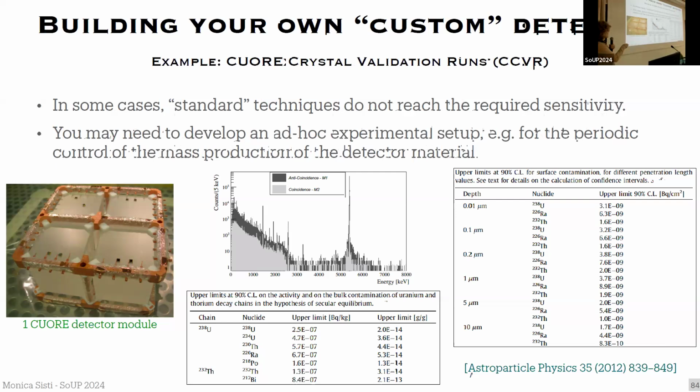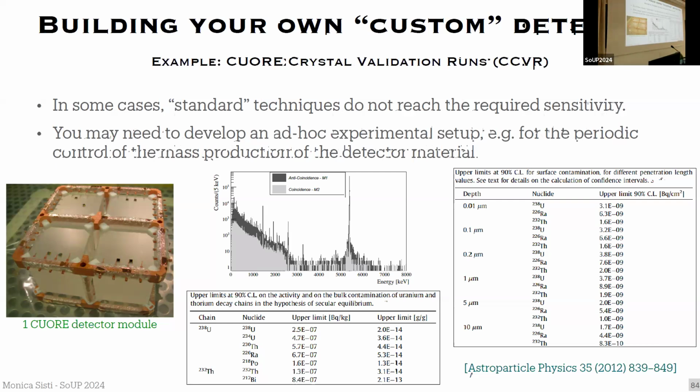So, for example, this comes from the CUORE experience. We had what we call CCVR, CUORE Crystal Validation Run. During the mass production of the tellurium dioxide crystals from the Chinese producer, we were receiving the detectors, almost 1,000 in CUORE, in batches, of course.